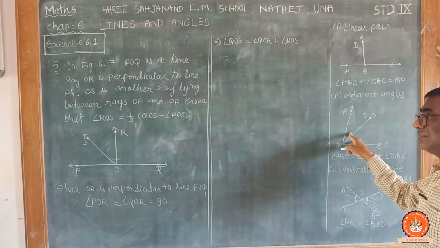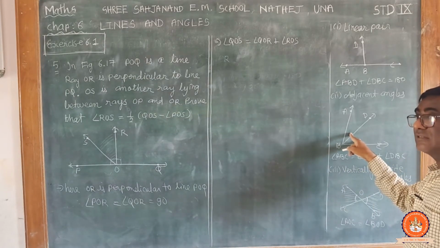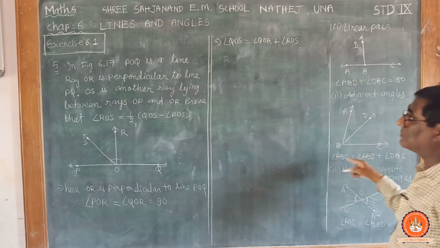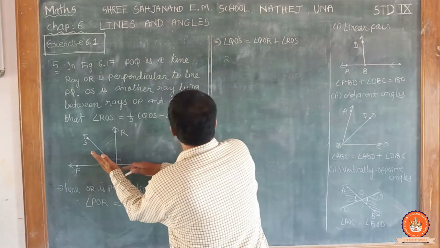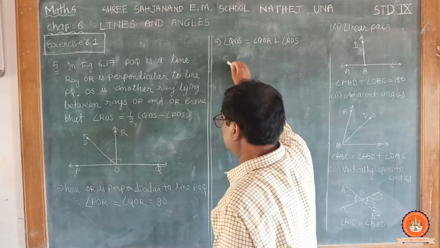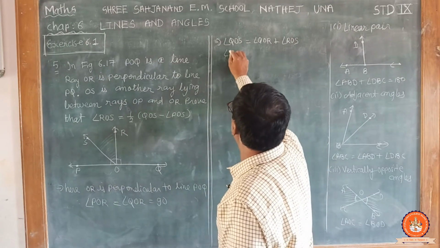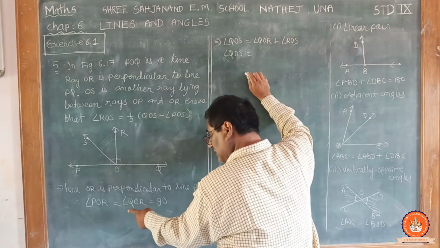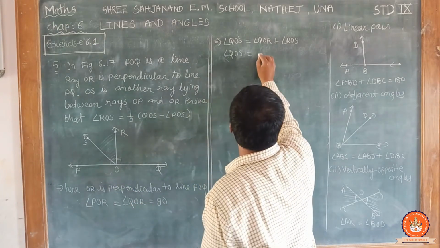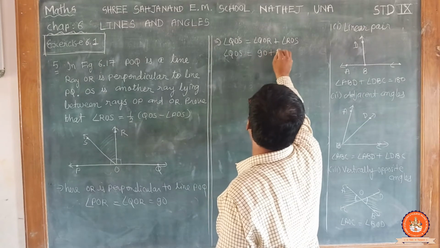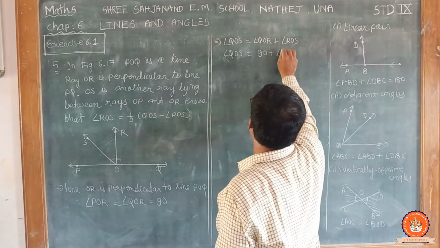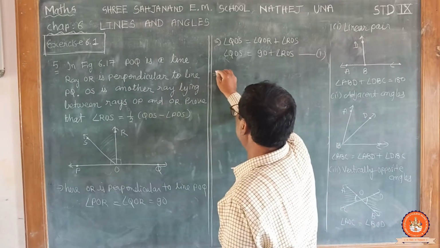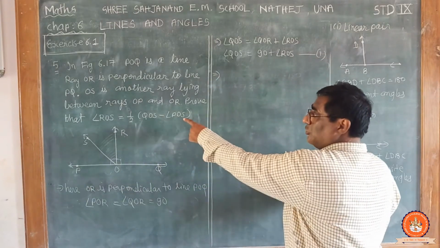The sum of two adjacent angles equals the angle formed by their non-common arms. So QOS is equal to QOR, and QOR is 90, so 90 degrees plus angle ROS, result number 1.